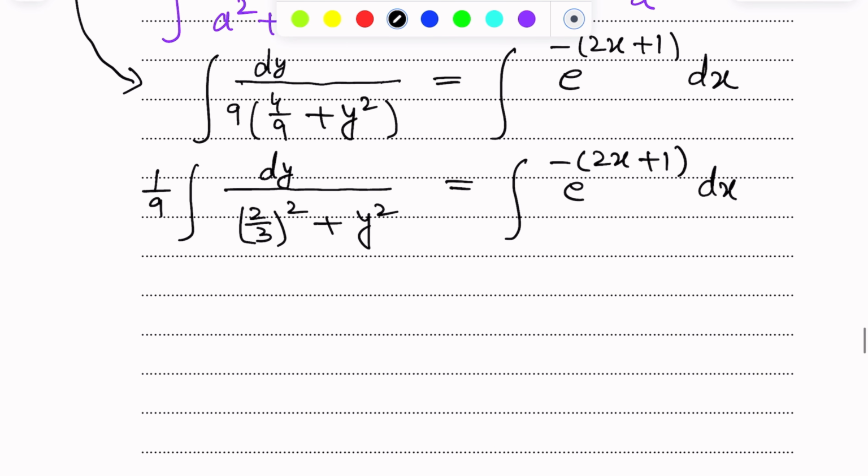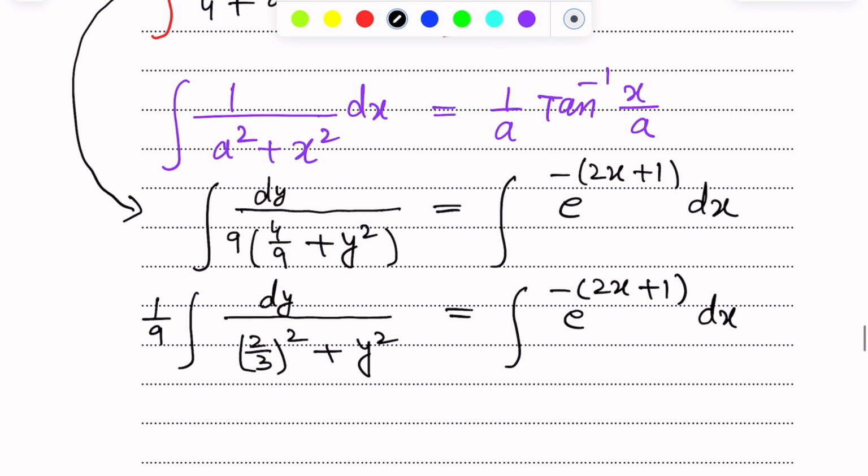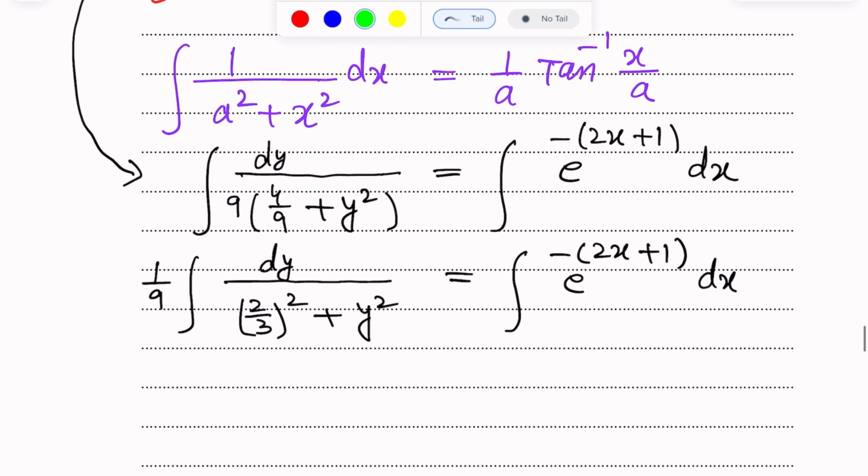Now we will integrate. Now we have made this form of general formula: a square means 2 over 3 square, x square means y square. So we are integrating it using this formula.